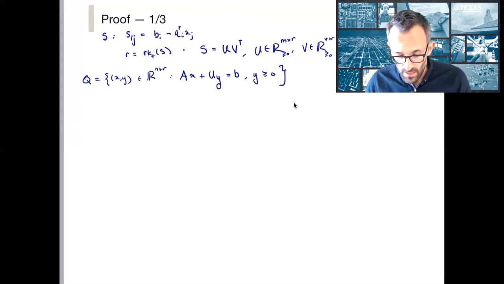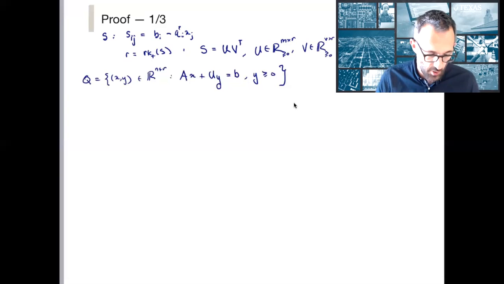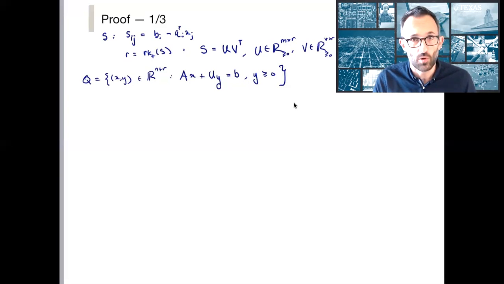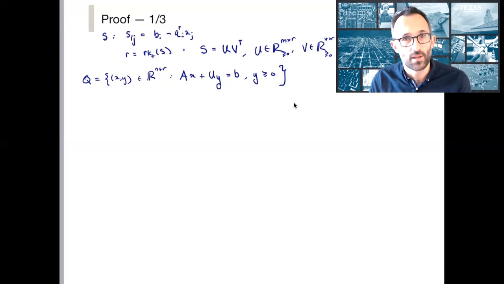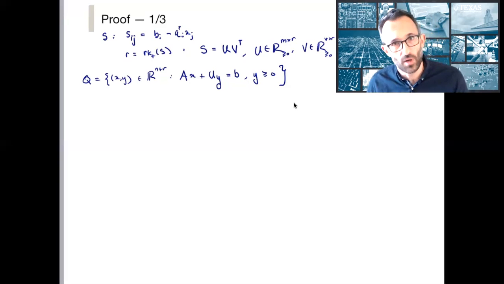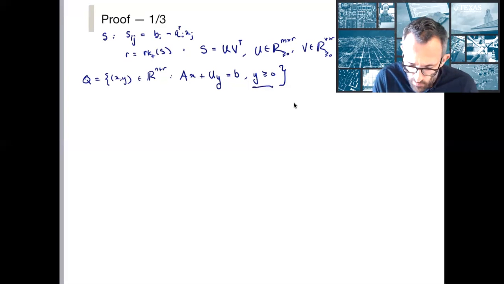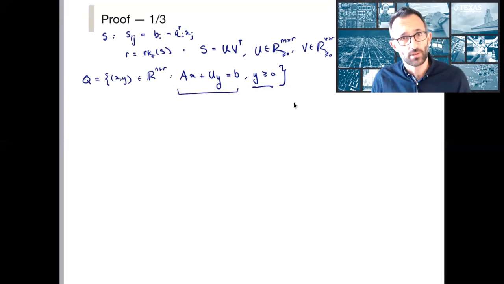Suppose we were able to show that the projection of Q onto the first n coordinates indeed gives us P. You may be concerned and say, wait a second, you've not only used R inequalities here, but you've also used an exponential number of equalities, because here is that same A. Now we have a huge number of equalities.